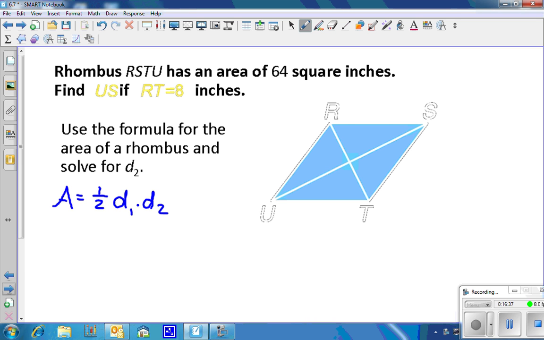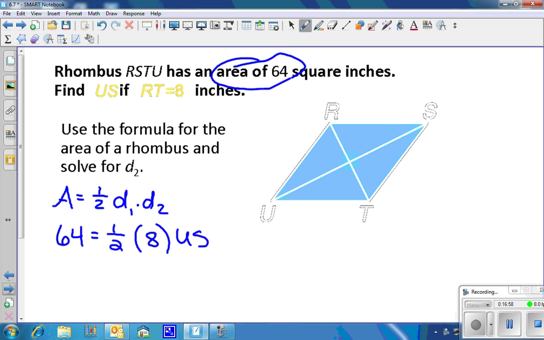All right, they gave me the area, so I'm going to replace A with 64. They gave me one of the diagonals, which is 8. And the other diagonal I'm looking for, which we're going to call US, because that's what they're looking for. What's half of 8? So I've got 4 times US.